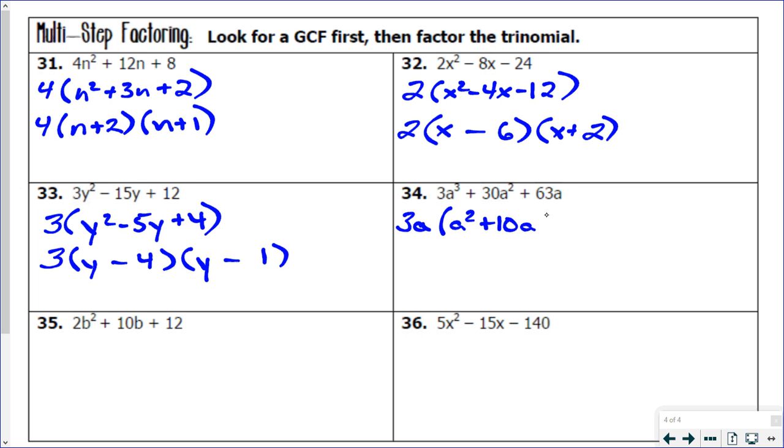So I took an A away plus 21. Those A's will cancel out. So multiplies to 21, adds to 10. That would be 7 and 3. These are both positives, so this is just going to be plus and plus. So you get A plus 7 times A plus 3.